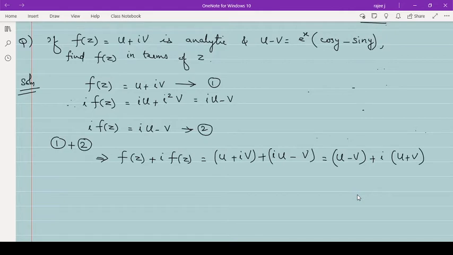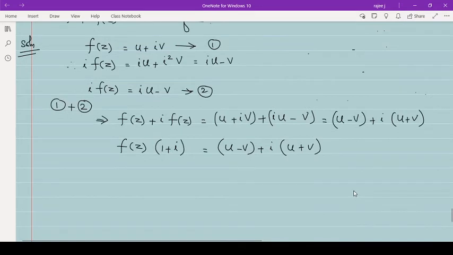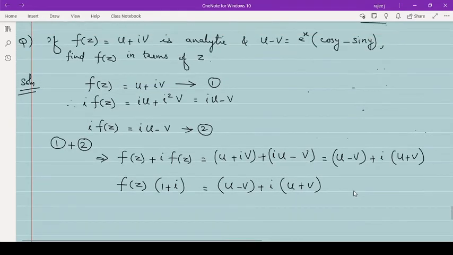From here i is common, so it is u plus v, and from the left side you can see f(z) is here, f(z) is here. So f(z) is common, times (1 plus i), is equal to (u minus v) plus i times (u plus v). We took u and v together, and here iv and iu.